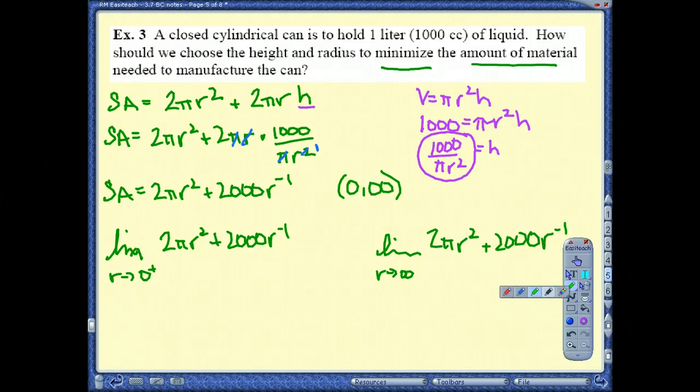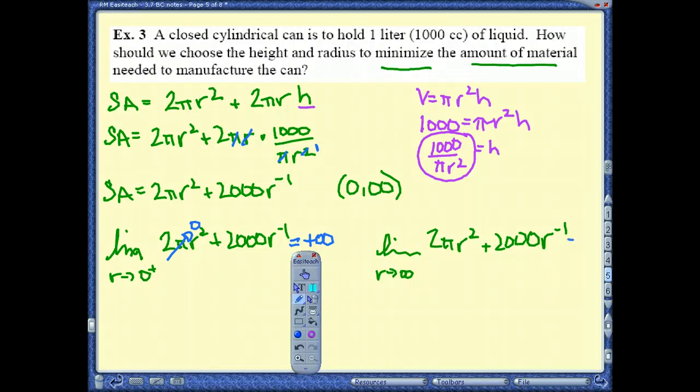Okay, here we go. Now if I put in numbers very, very close to 0, this guy is going to 0. This guy, however, you're putting in numbers that are smaller, smaller, smaller. So this fraction, you're going to have 2,000 over a tenth, 2,000 over a thousandth, 2,000 over a millionth. That is getting really, really big. It's going to positive infinity.